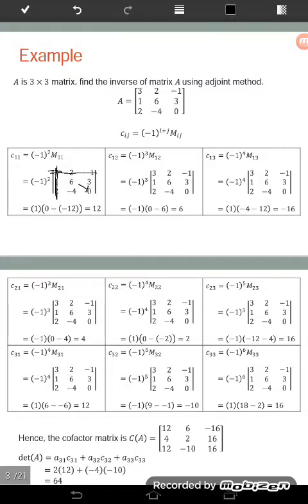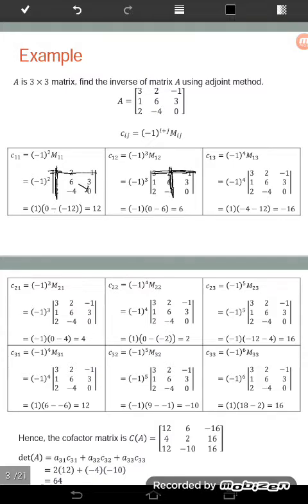And then cofactor 1 2, which is row 1 column 2. It is -1 to the power of 3, because 1 plus 2 is 3, times the minor of 1 2. The minor of 1 2 is the determinant of the matrix where we close the first row and column 2.